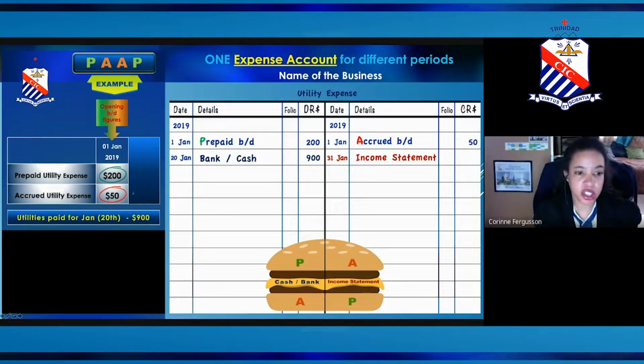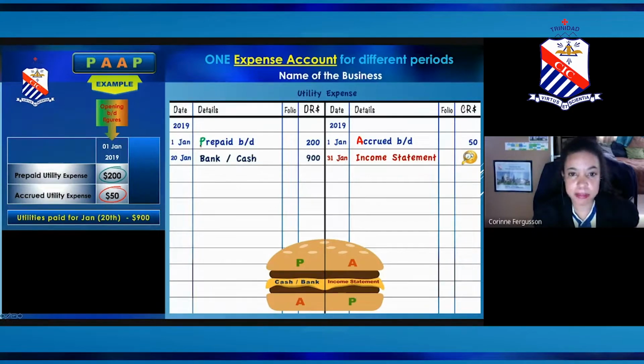If you look at your question, you're not seeing anything that says expense incurred for the utilities for the month of January. So which means we do not have a figure as yet for the income statement. So we just leave that blank for the time being and we move on with our PAP burger, right?